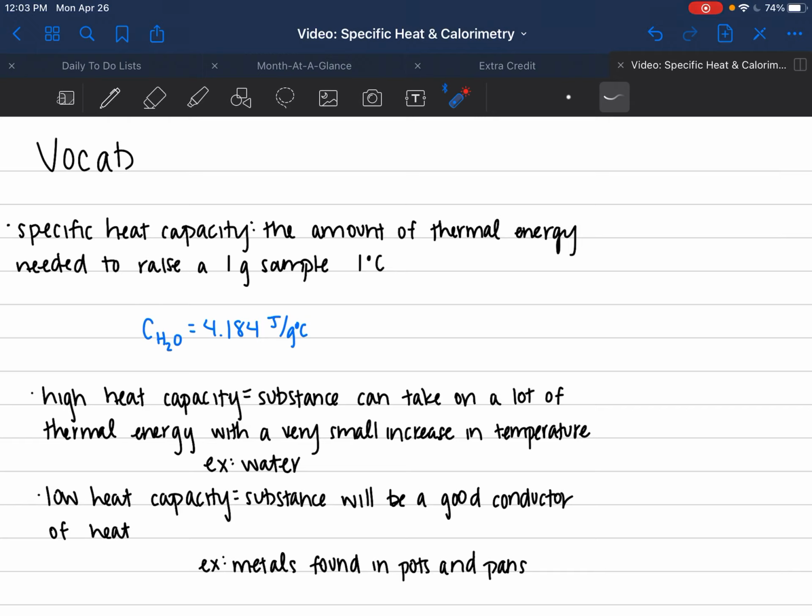So if you have our oceans on Earth and you want to measure how the sun warms them up, notice that the sun can heat the water all day long for years and years and years on end without that water just boiling away. It can take on a lot of thermal energy without increasing too much in temperature. That's a very good thing for us.